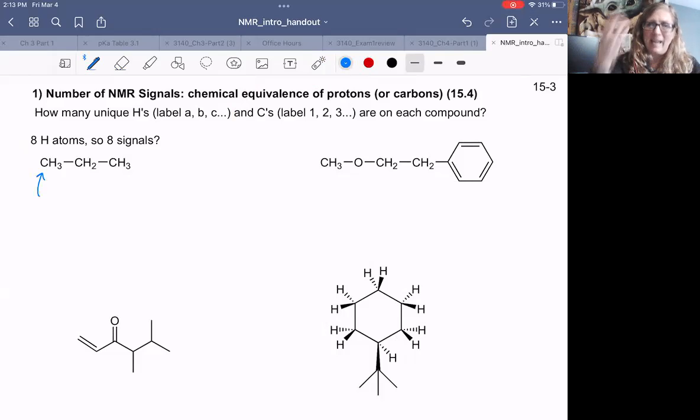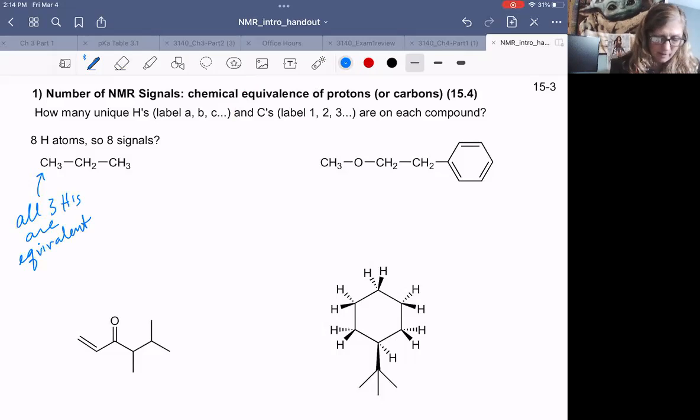They're all going to behave the same in the NMR instrument. And so the way we describe that is we say that all 3 protons are equivalent. They're equivalent in the view of the spectrometer.